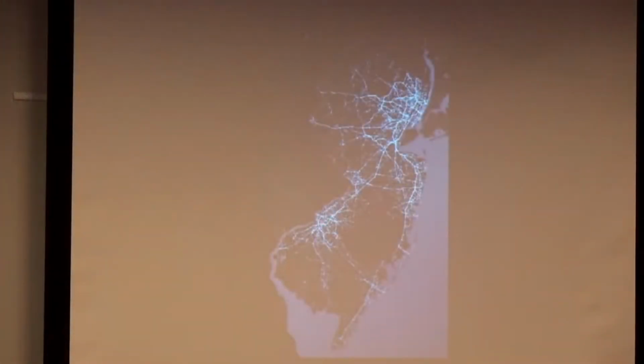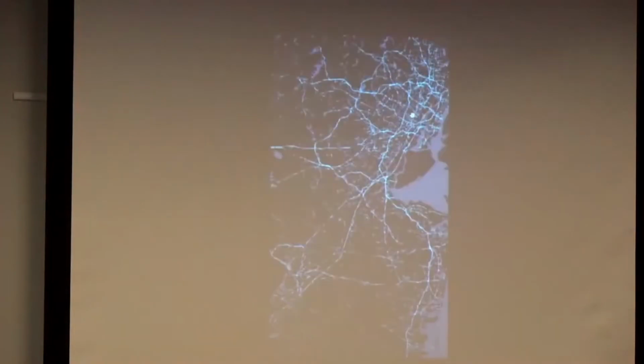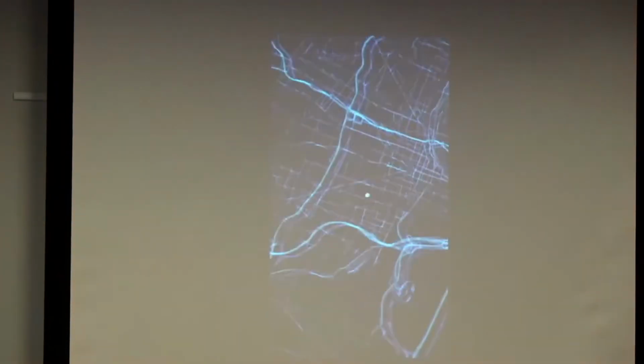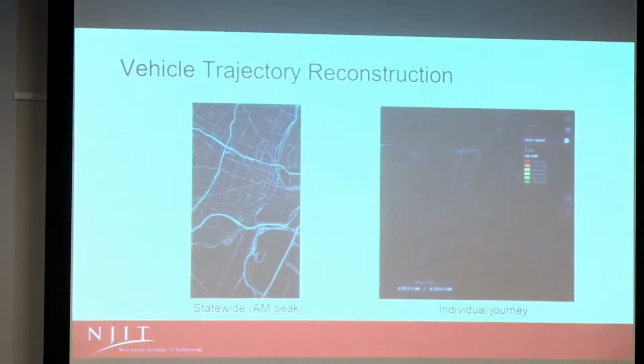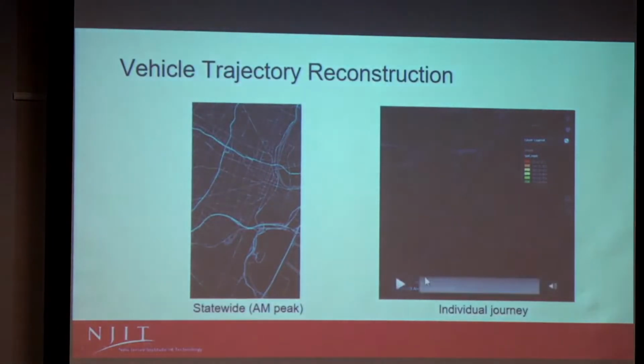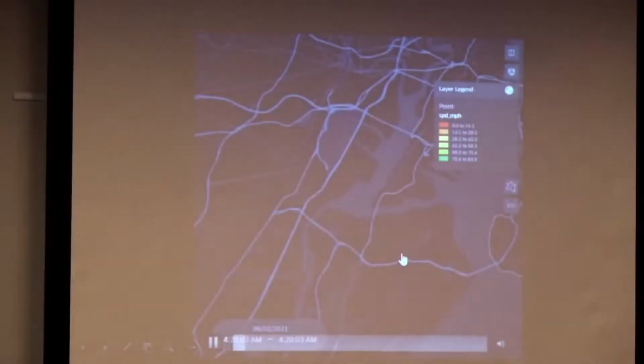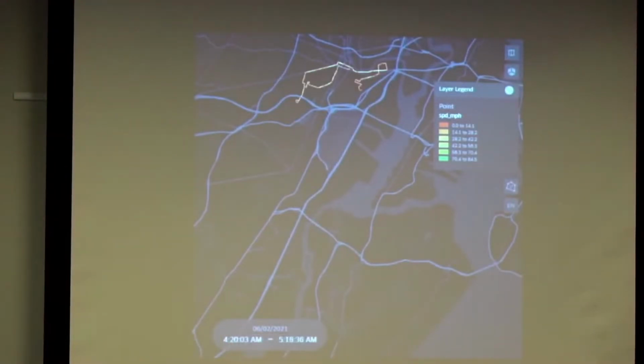This shows the individual vehicles' trajectory data over the entire New Jersey with this 3-second pinging interval. And the other one is for an individual vehicle. So we also have this trajectory data with different speeds at different locations depending on the congestion condition as well.